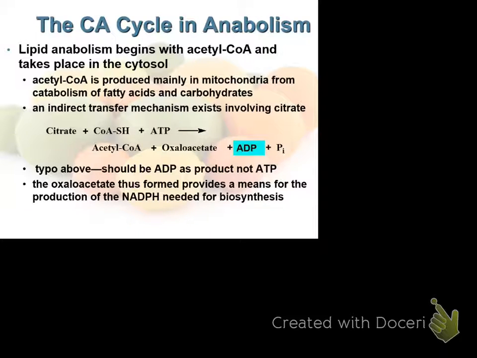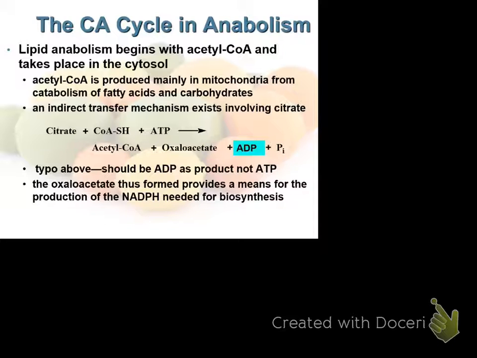So you have to do it indirectly. What they do indirectly is you synthesize the oxaloacetate from citrate, okay? And what this will do is it actually will make NADPH instead of the NADH. It's just specific for NADPH rather than NADH.